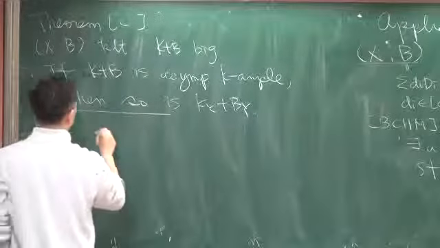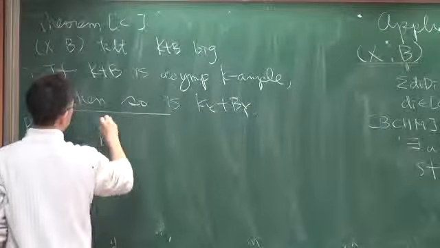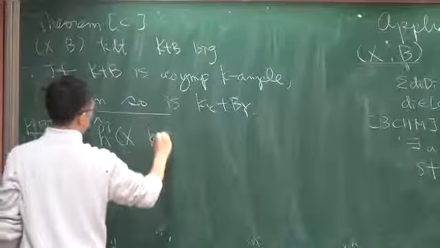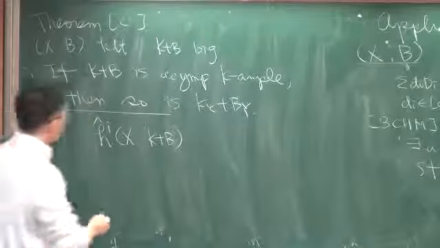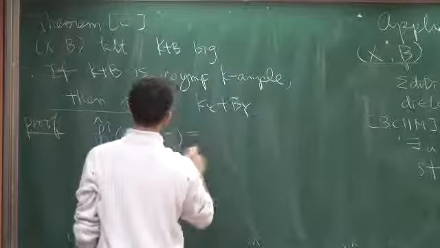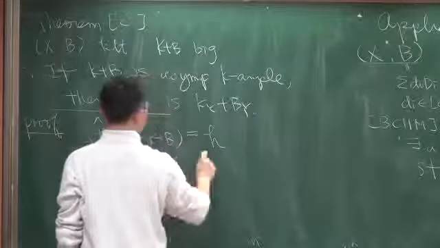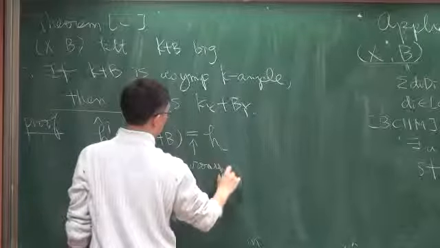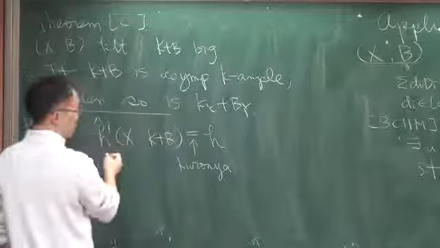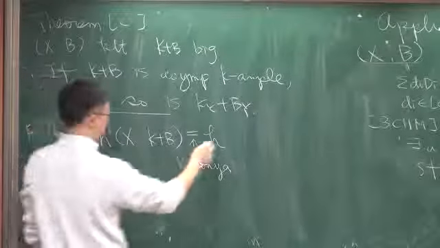First you look at the asymptotic cohomology function of K plus B. And there is a result by Kronia, which says that this asymptotic cohomology function is invariant under pullback.